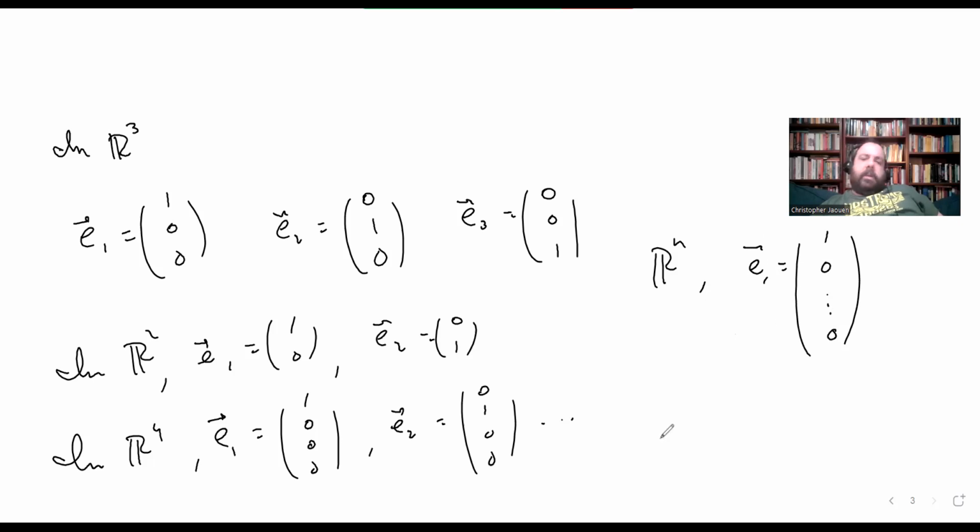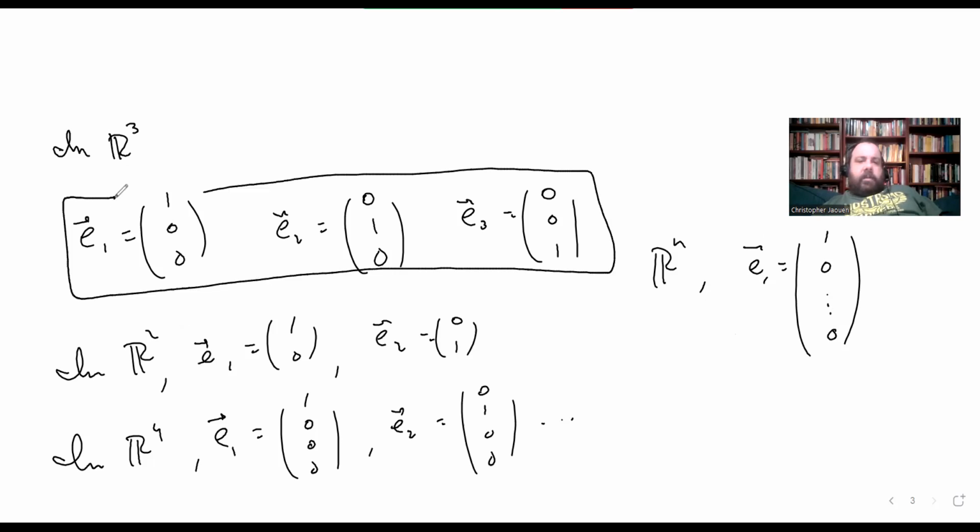So that's what that notation means. These are called the standard ordered basis vectors for Rn. Although, did we talk about basis vectors in this section yet? I don't think we did. But anyway, this notation is useful, so that's what it means. Let me go back to the notes.